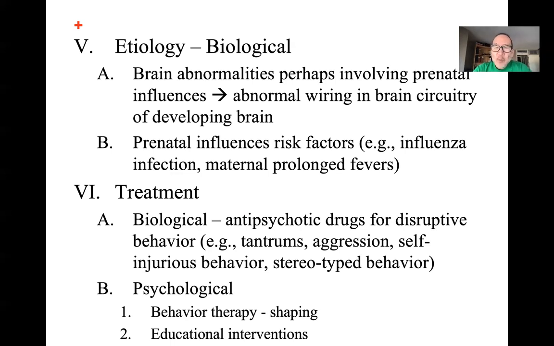Psychological interventions tend to be more behaviorally focused, using behavioral modification techniques to increase tolerance to sensory stimulation, helping the child develop ways of managing the distress that's caused by high levels of visual, tactile or auditory stimulation.